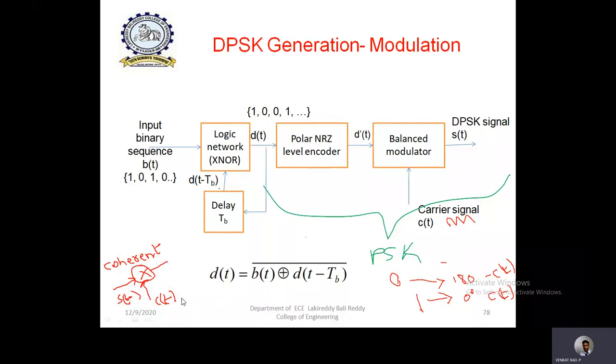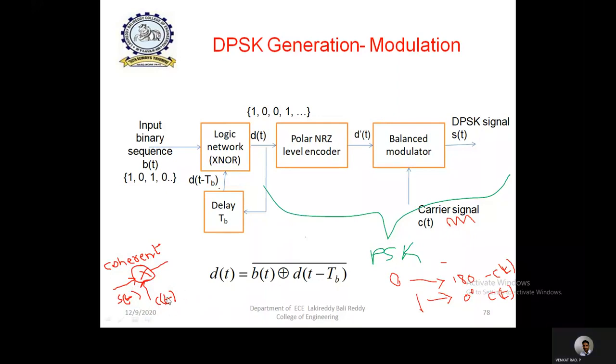But if there is any phase deviation between this carrier and the carrier used in the demodulation, then definitely there are changes in the demodulation, and there will be errors in the demodulation of PSK if you don't maintain the same coherent carrier.